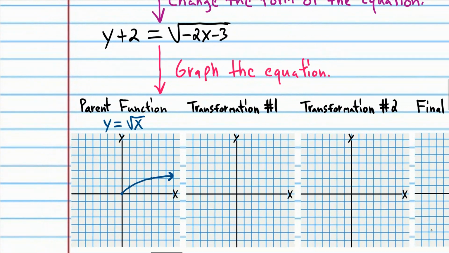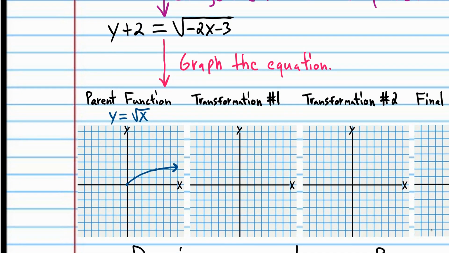Okay, so now we need to figure out what the next step is. We're trying to graph this complicated equation. Can we translate first, or should we dilate or reflect first? Well, if we dilate or reflect first, let's say we put a negative 2 in front of the x, then when we translate, we're going to be subtracting 3 from negative 2x.